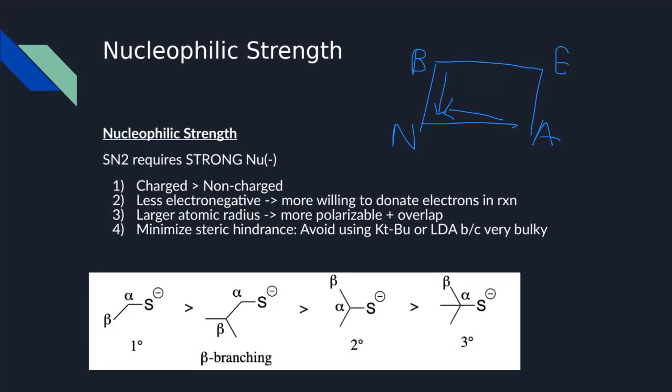In the same way, when we have a backside attack, we want a small nucleophile, something that can get through and quickly create these reactions. It shouldn't be lumbering around trying to get in. Because of that, you want your main atom to be on a primary carbon versus a secondary or tertiary.